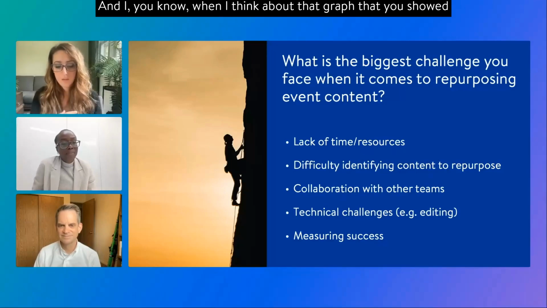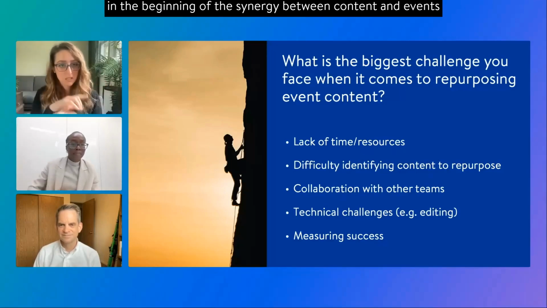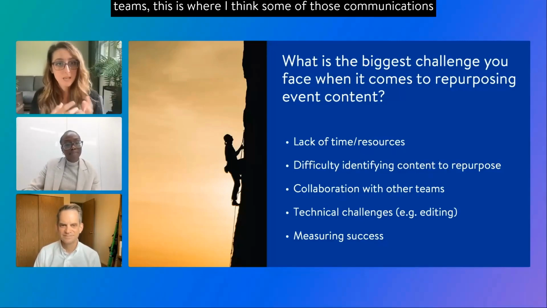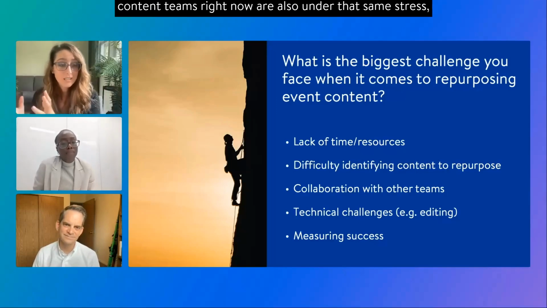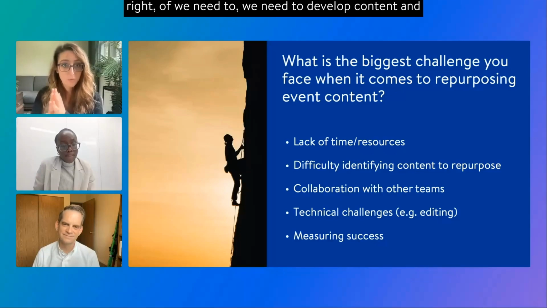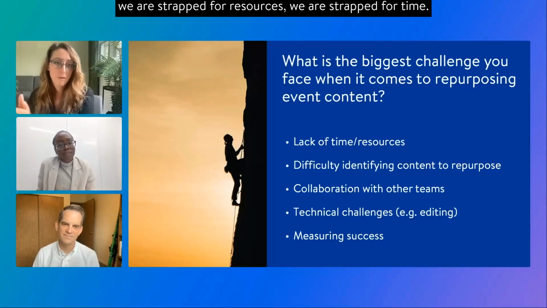And when I think about that graph that you showed in the beginning of the synergy between content and events teams, this is where I think some of those communications can help with that lack of time and resources, because your content teams right now are also under that same stress, right? We need to develop content, and we are strapped for resources. We are strapped for time.